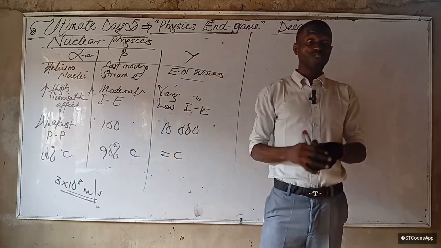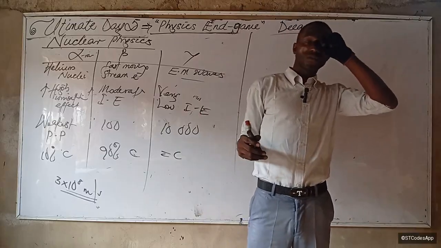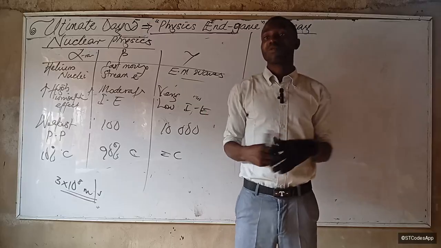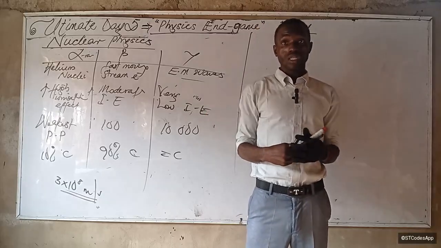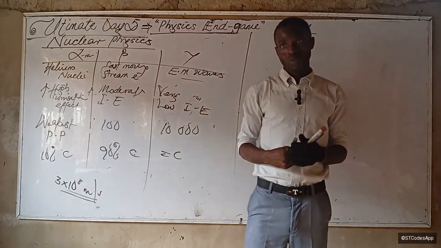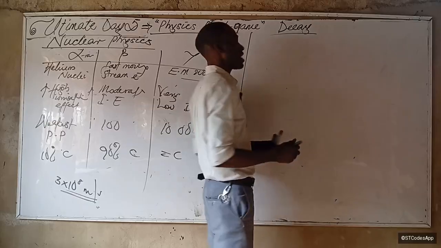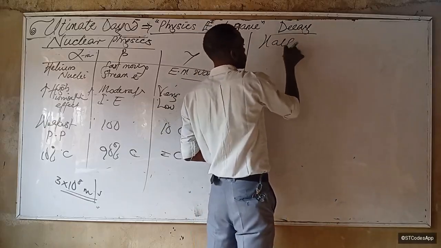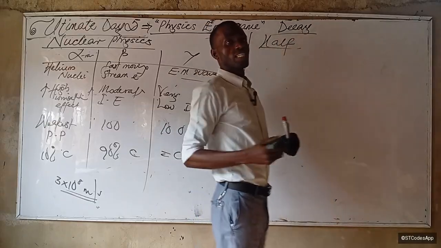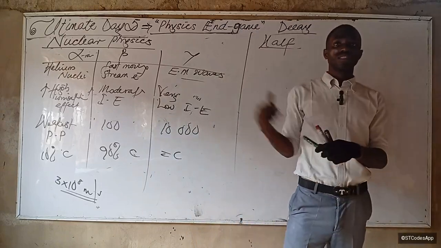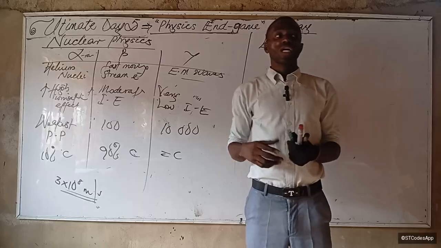It was measurable. The time over which a particular radioactive element decayed was measurable. And they measured it by what we call the half-life. One use of this decay is the carbon dating technique.